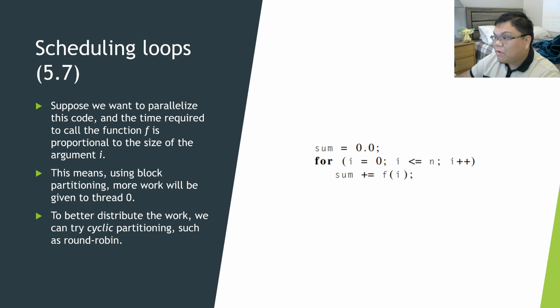Say we want to parallelize this for loop, but this f function is more expensive the larger i becomes. Or it could be the other way around, where if i is small, f of i is easy to calculate. In this case, we would be giving more work to thread 0. So this is where we might want to have round-robin partitioning come into play.